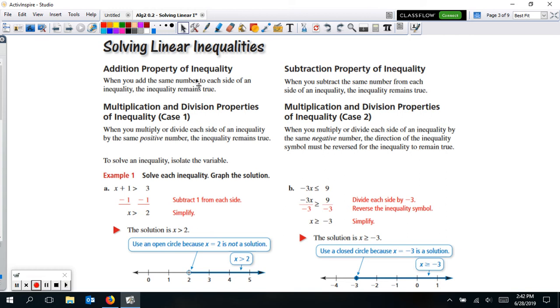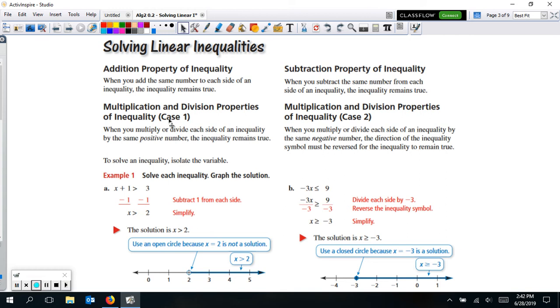When you do the subtraction property of inequality, it is all the same. You do whatever you do to one side, do the same to the other side, and it's all fine. The change comes in when you're doing the multiplication and division properties. That's why it shows you two cases.